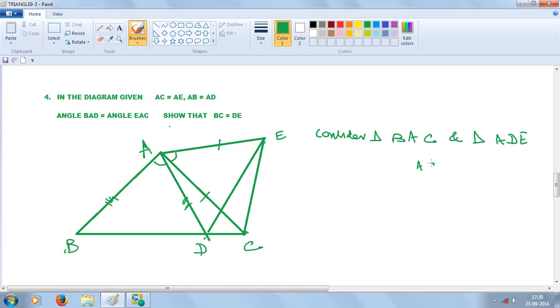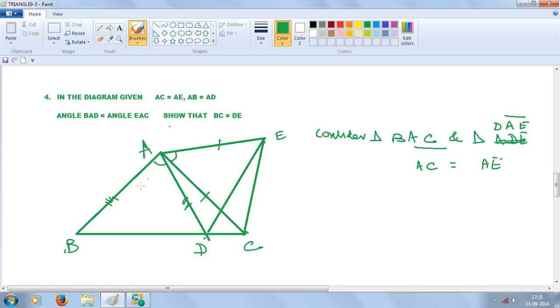In this, AC is equal to AE, it's given. We will write it as DAE, so that order comes: AC is equal to AE, given.